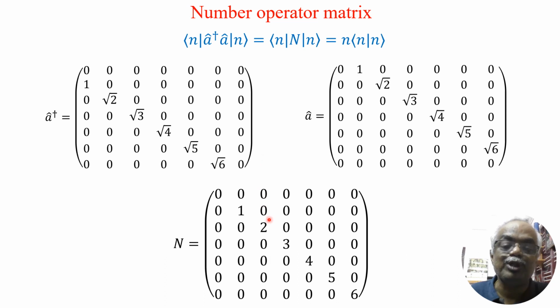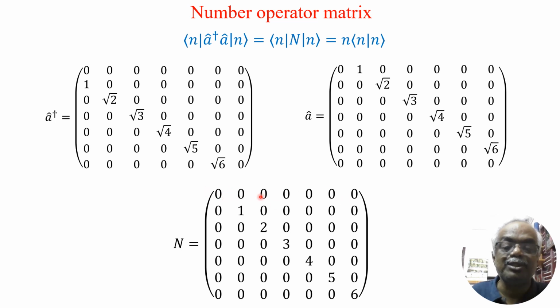Here, that is one point: you can use this relation, the inner product of n with n, so that is the diagonal matrix. Even otherwise, you can multiply a dagger with a. So the first row, zeroth row, zeroth column, you will get 0. Zeroth row, first column, you will get 0.